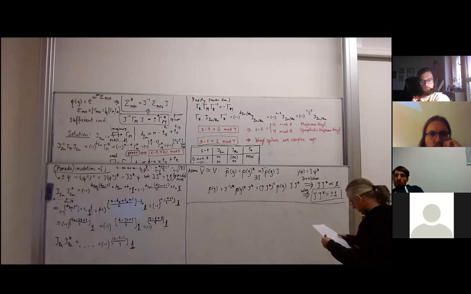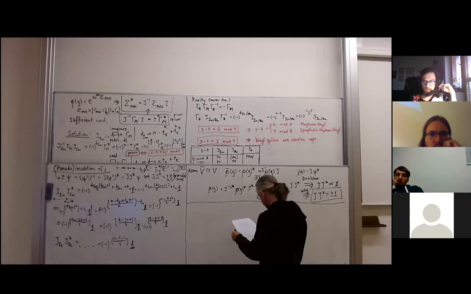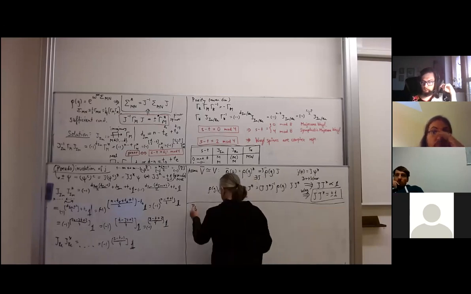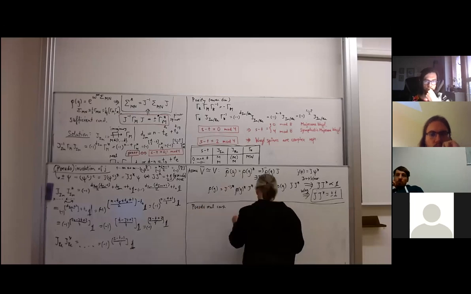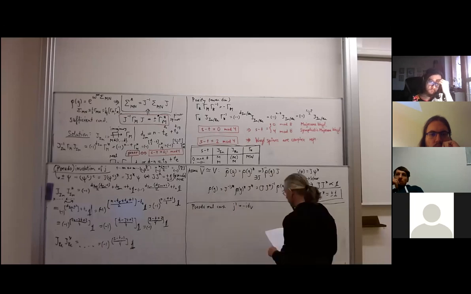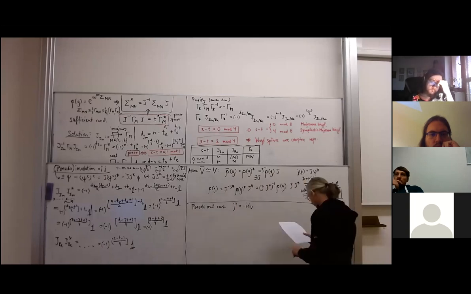So in the pseudo real case, this is the case where J squared is equal to minus the identity on our representation. So we have a pseudo involution.